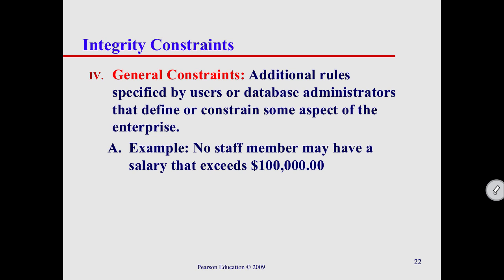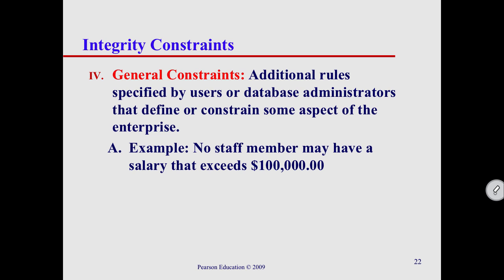That was a business policy. Another example, maybe no staff member may have a salary that exceeds $100,000, or maybe no staff member may manage more than 50 properties. Those would be other examples of constraints. They're essentially business policy, but you still want to enforce those constraints in the database.